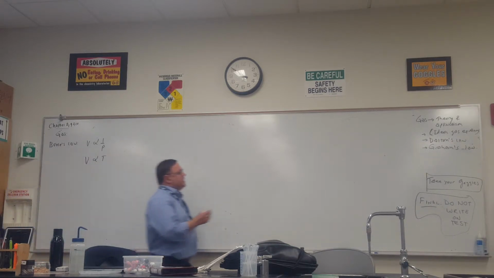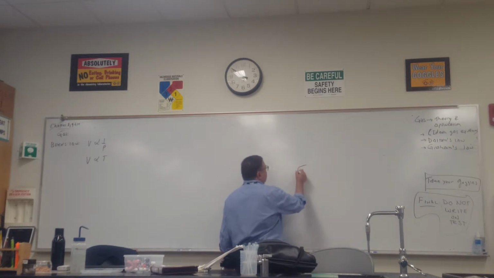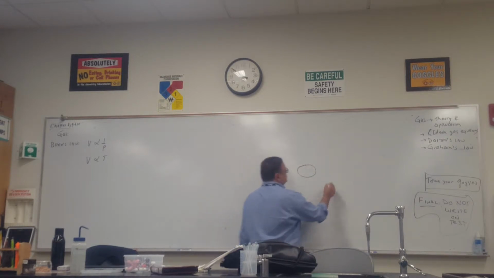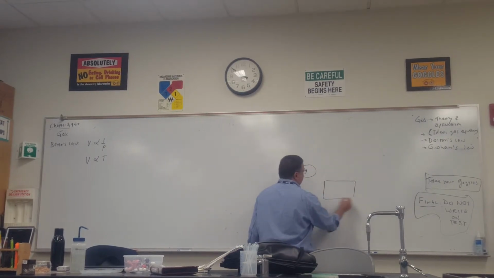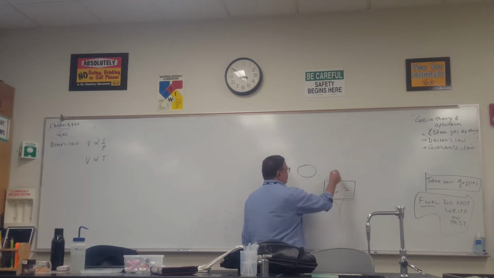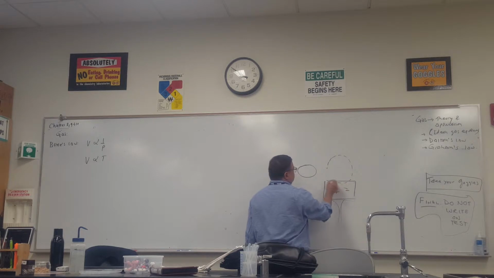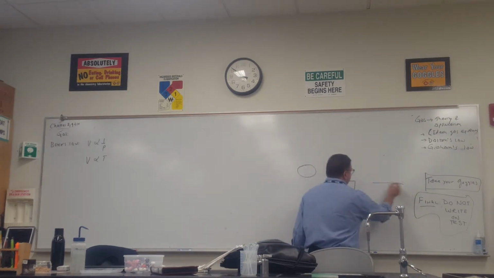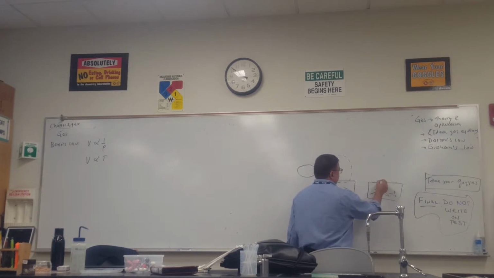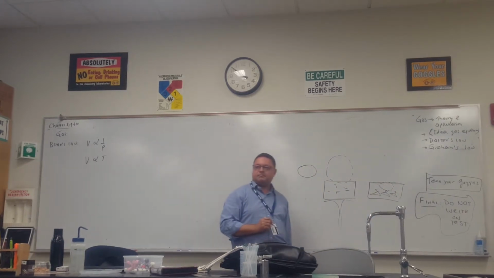Just like this. Let's say you have a balloon here. If you put it in boiling water, you're going to have a bigger volume. Or if you put it in ice water, your volume is going to be smaller.